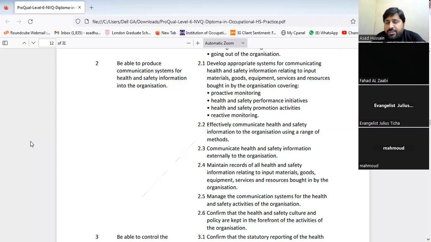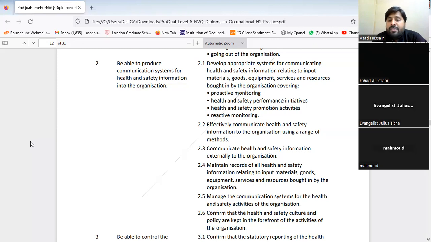So the information should be related to health and safety. For this purpose, you people have different structures in your organization, like filing systems, like server structures, like online inventory portals, like you can say different regulations or contractor information or cost assessments. You can have a record of material safety data sheets.